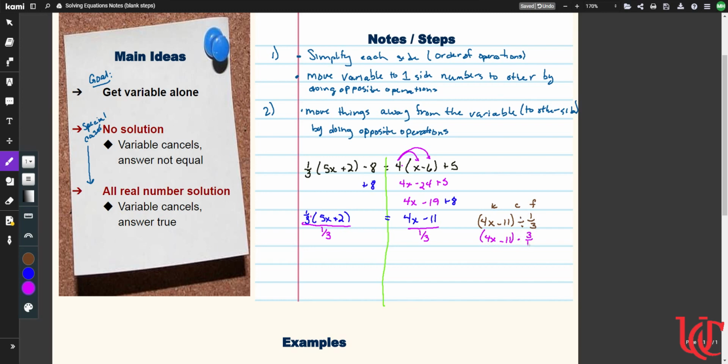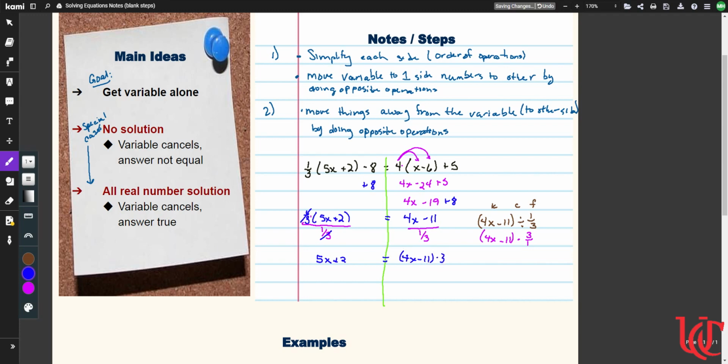This is 3 over 1, which means I have the problem, this 1/3 cancels with this 1/3. So I have 5x plus 2. Don't need those parentheses anymore. And it's going to equal 4x minus 11 times 3.